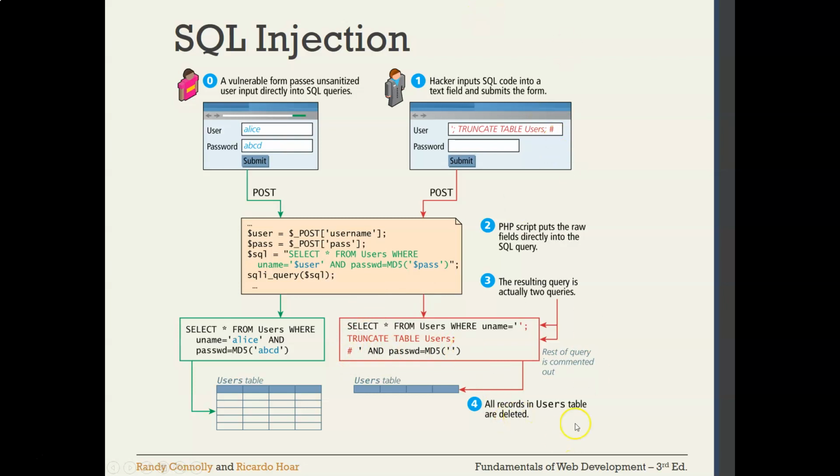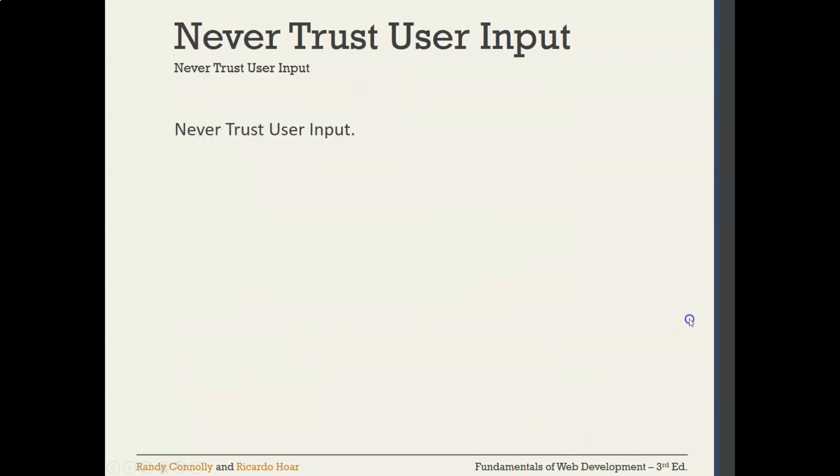So bad news. This is one of the oldest and most popular security vulnerabilities in the web world. And so what we want to do is avoid making any database code that we write vulnerable to this particular attack.